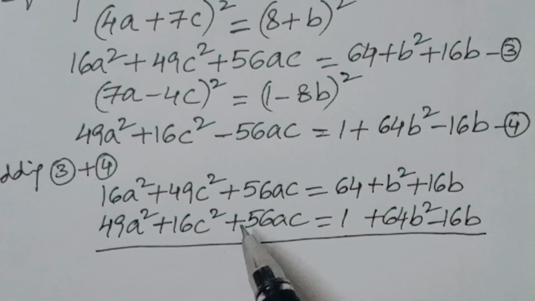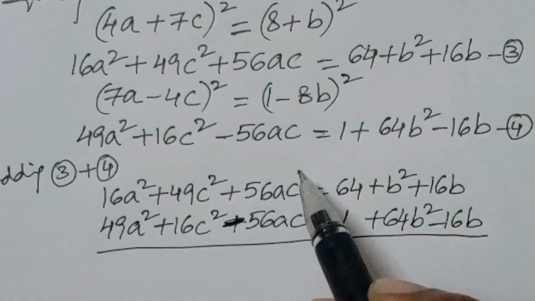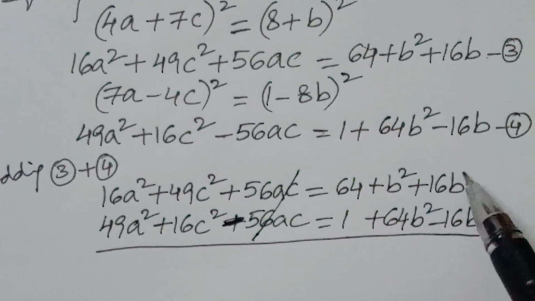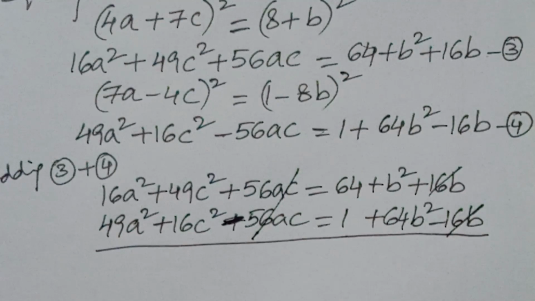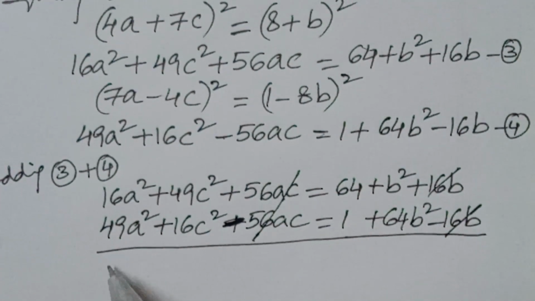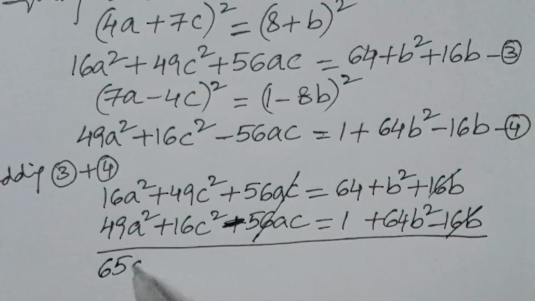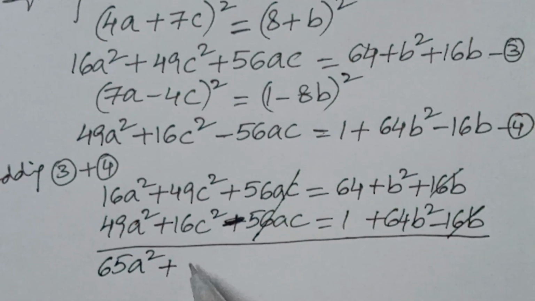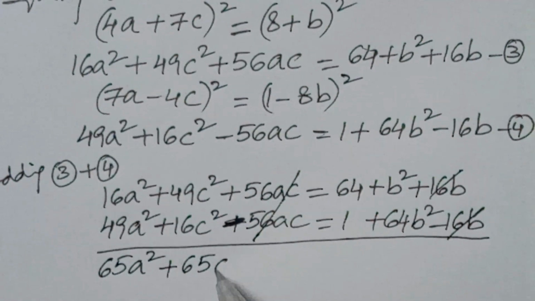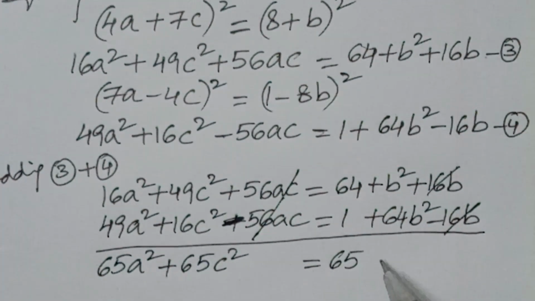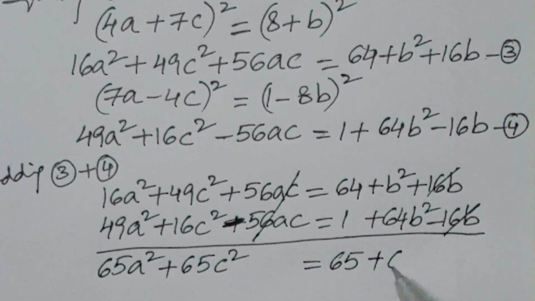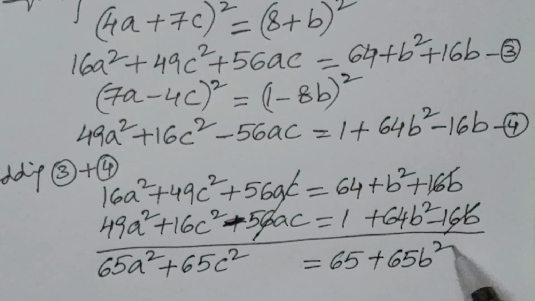So here minus 56ac and plus 56ac cancel. 16b and minus 16b cancel. So here you'll get 65a square plus 65c square is equal to 65 plus 65b square.